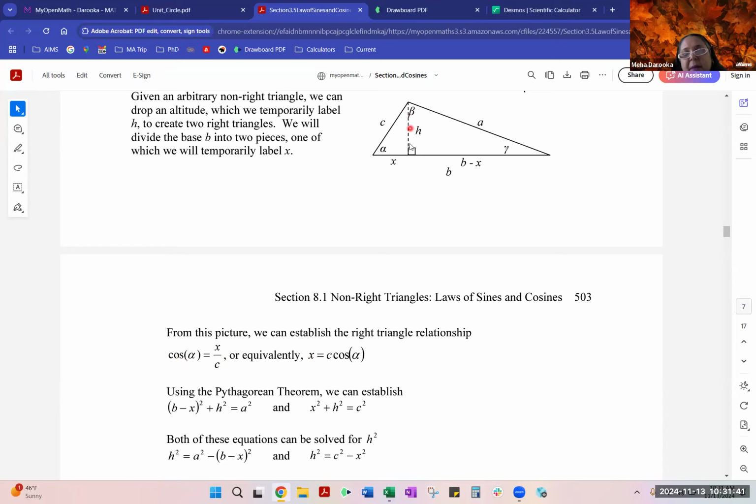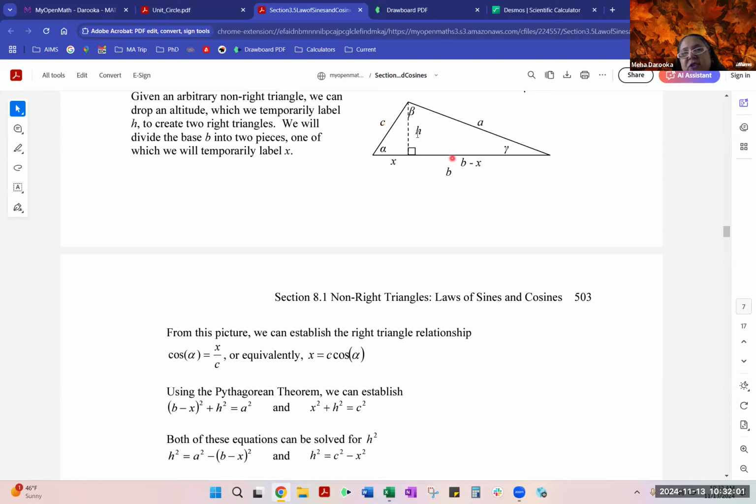And then, of course, using the Pythagorean theorem, we can come out with what the side h is going to end up being. So you can do x squared plus h squared equals c squared, the two legs squared and added together equal the hypotenuse squared.